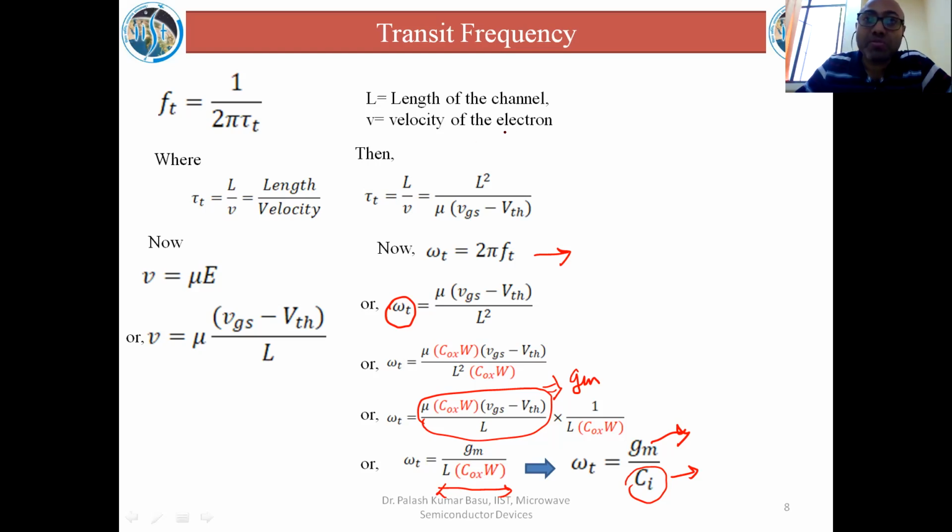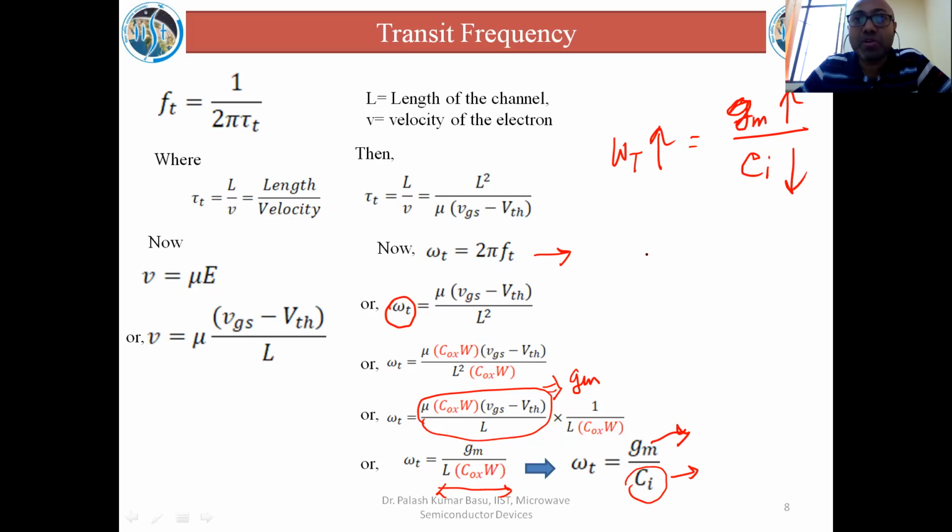Okay. So what I am trying to say is that ultimately, if you want WT to be high, your GM, your transconductance, should be high and Ci should be low. But if you want Ci to be low, then W into L has to be low.